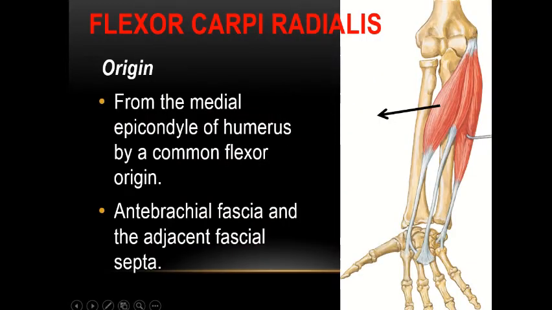Then coming to the next muscle, the flexor carpi radialis longus. The origin is from the medial epicondyle of the humerus by a common flexor origin. Some fibers also arise from the antebrachial fascia and adjacent fascial septa.